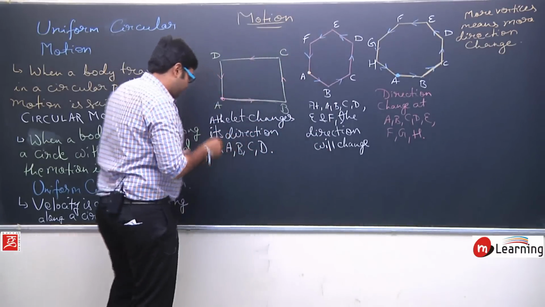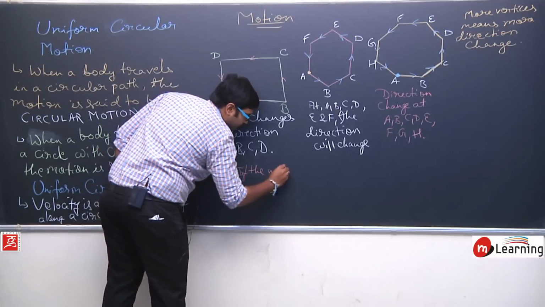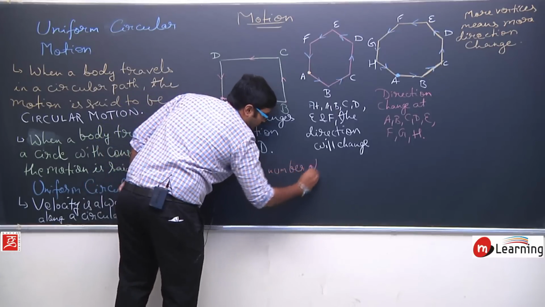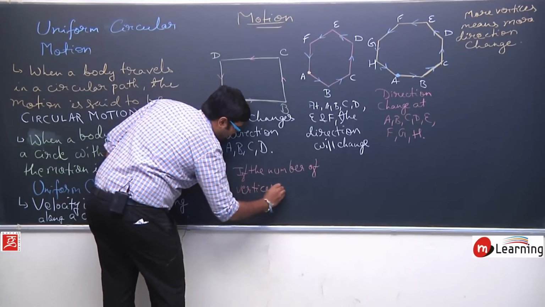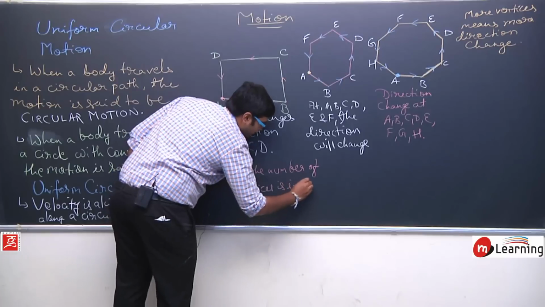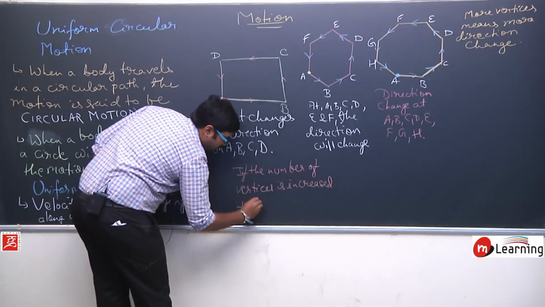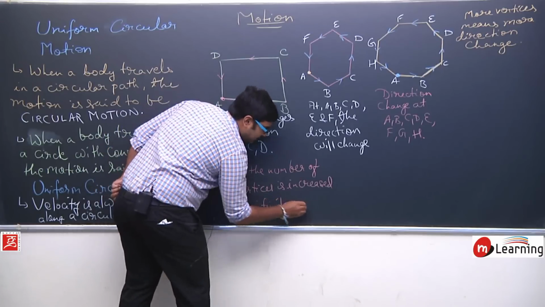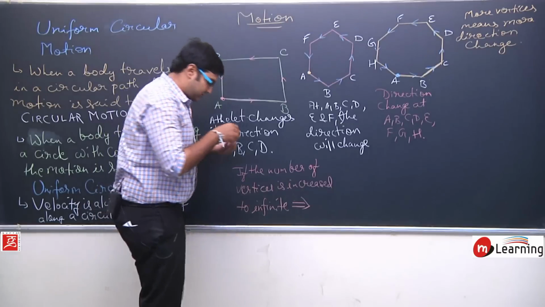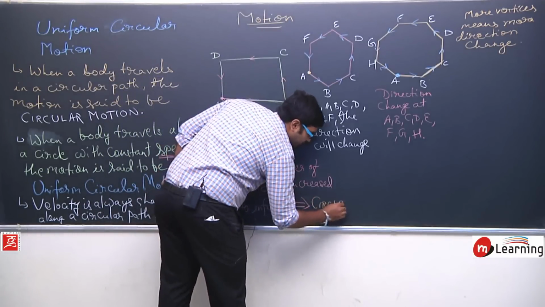So if the number of vertices is increased to infinity, then this will give rise to a figure which will be known as a circle.